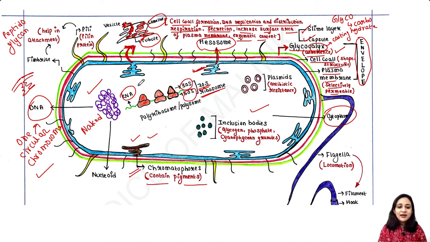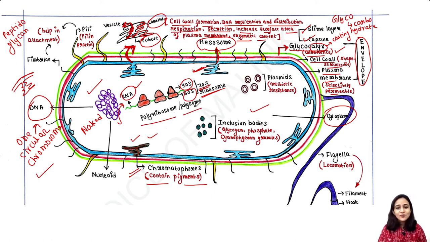And here it is the mRNA. Now this DNA is transcribing and forming RNA or mRNA, and more than one ribosome comes to attach to this RNA. That is called polyribosome or polysome.